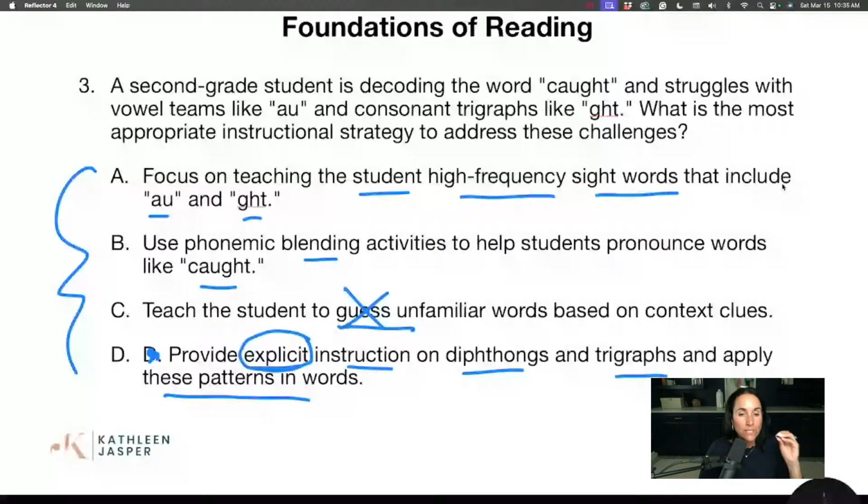Explicit means we are teaching these skills in isolation. We're not just giving students paragraphs to read and hoping that they get the phonological and phonemic awareness skills and the phonics skills, right? When I was growing up in school in like the 80s, some of this stuff was taught in whole language. Let me know in the chat if you remember whole language.